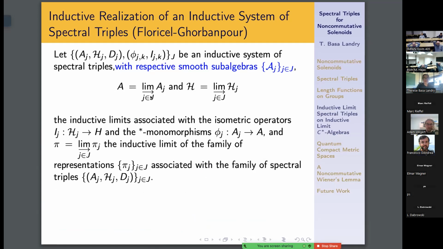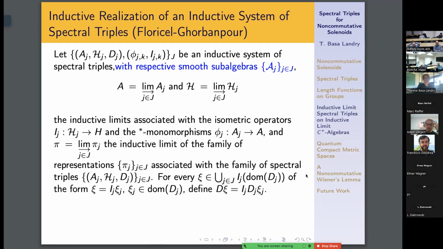So we have the inductive limit of the corresponding unital C-star algebras, the Hilbert space, the connecting maps, and the inductive limit of the family of representations. And so making sure that the domains are well behaved, then we can define a Dirac operator on the inductive realization.